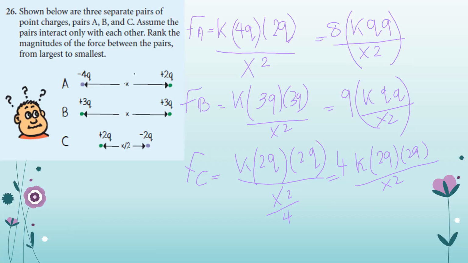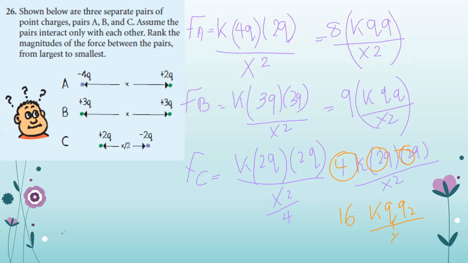So it is 4 times 2 times 2, which is 16, K Q1 Q2 over X squared.